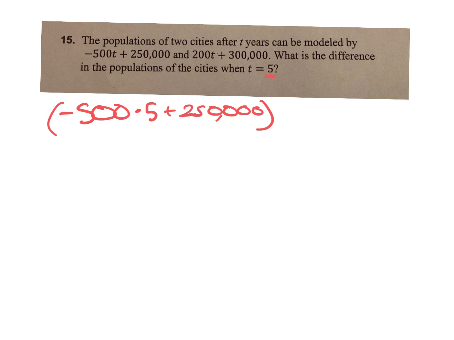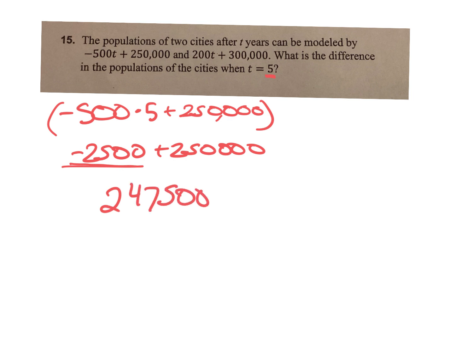Negative 500 times 5 is negative 2,500 plus 250,000. So this is a negative here, so I'm going to subtract it from 250,000 minus 2,500.